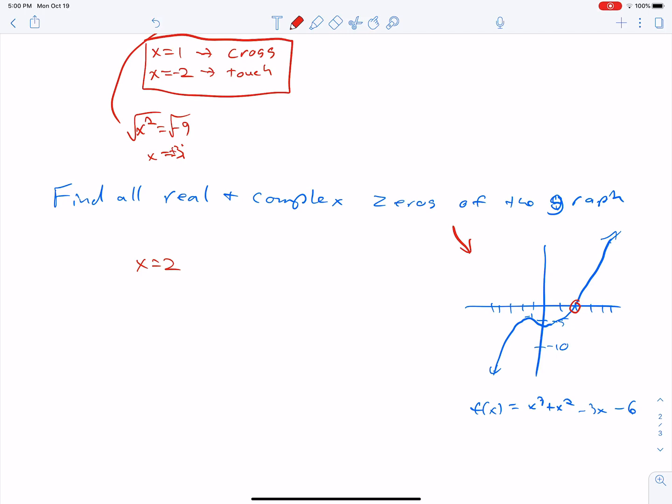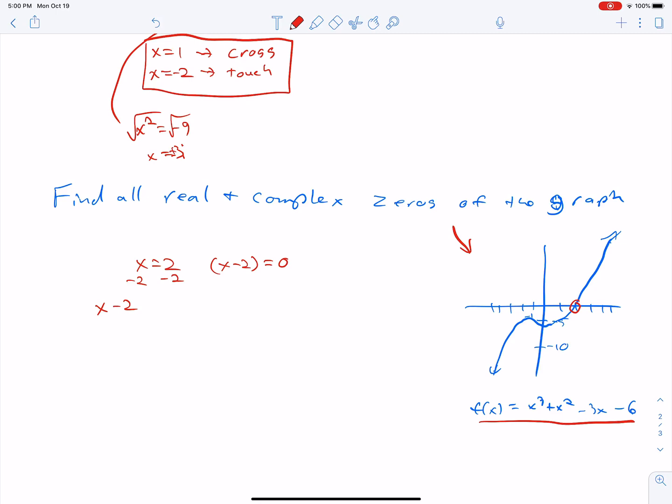And we know that that is going to be a factor because it is a 0. So now we can divide this function by x minus 2, because we know the factor is x minus 2 equals 0 when we add 2 to both sides. So we have x minus 2.